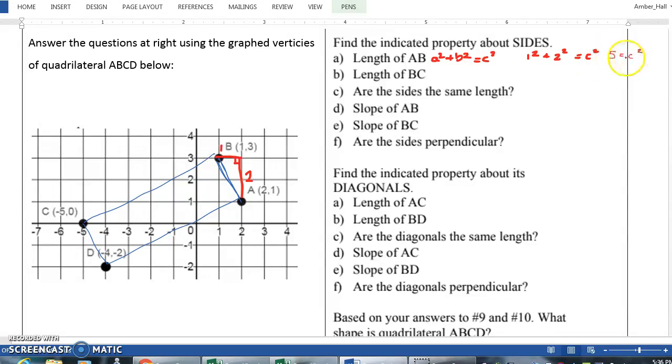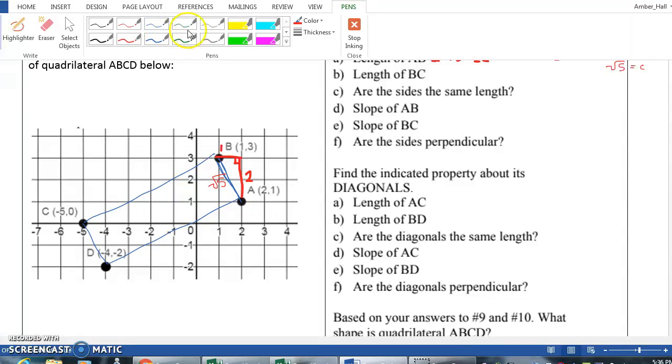Equals c squared, and then to get rid of the square we take the square root. So c, or the AB, equals the square root of 5. That is the length of AB, the square root of 5.